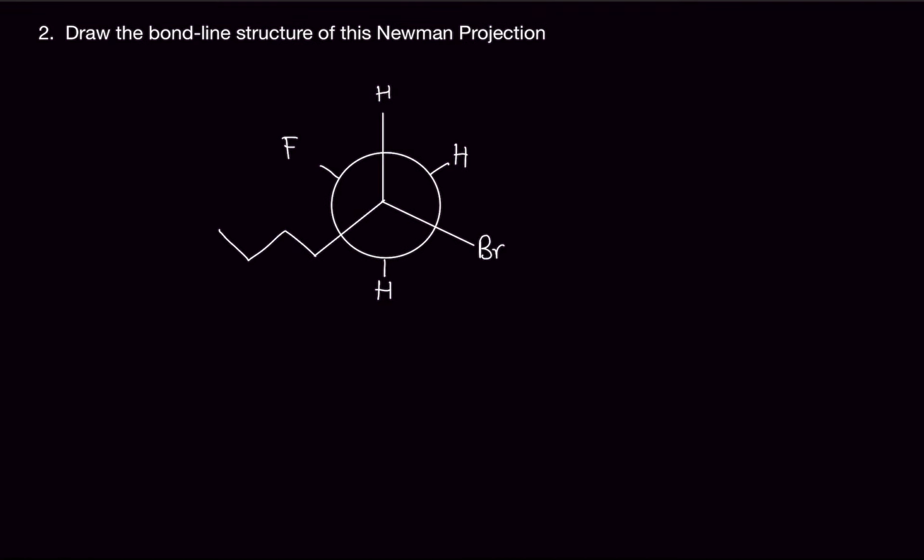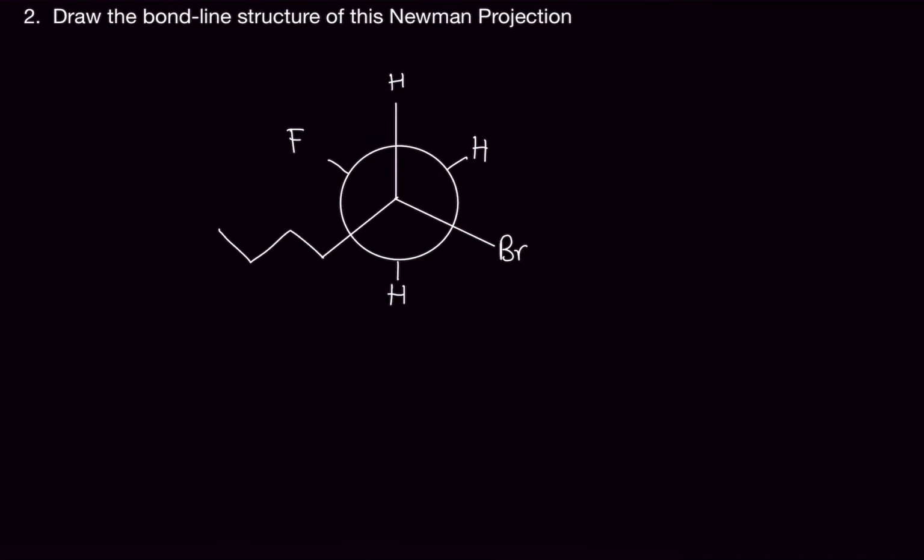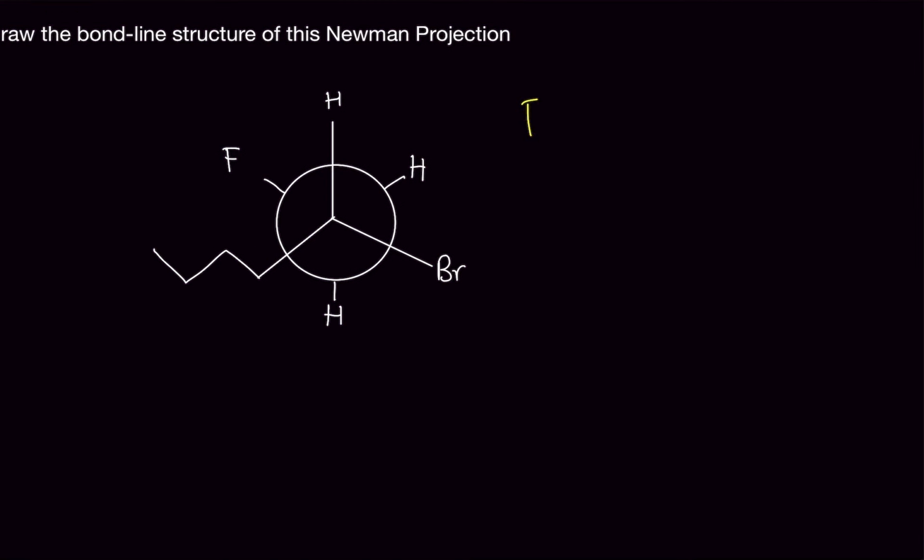So draw the bond line structure of this Newman projection. All right, so what do you do? First step is identify what's connected to the front carbon and the back carbon. Same thing as usual. Front carbon: we have hydrogen, because I'm looking at stuff that is part of the cross here.